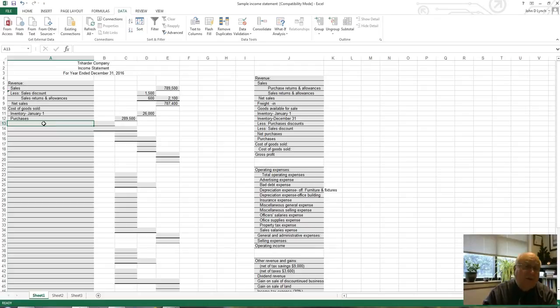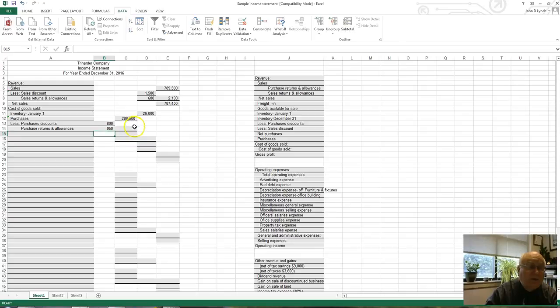And then from purchases, just like sales, we can take off purchase discounts and purchase returns. So we subtract off purchase discounts, which will go in the first column, of $800. And then we also subtract off purchase returns and allowances, which is $950 in this case.